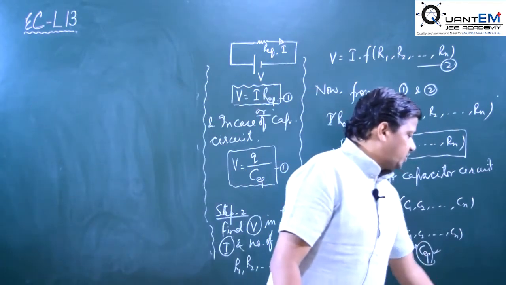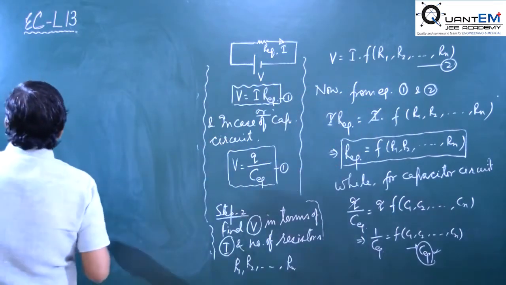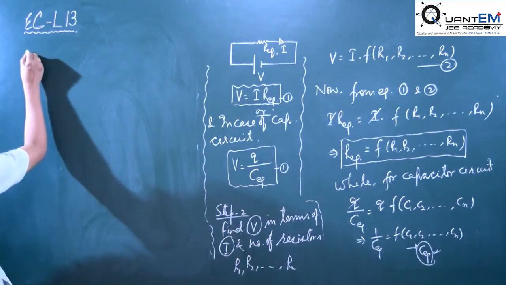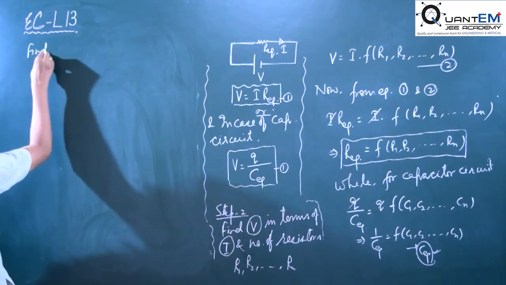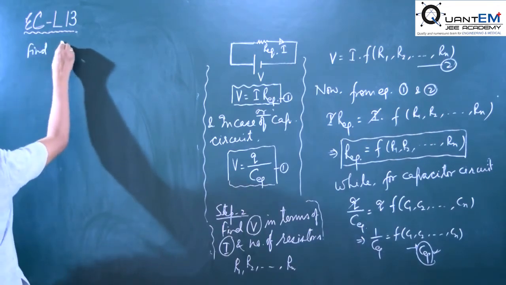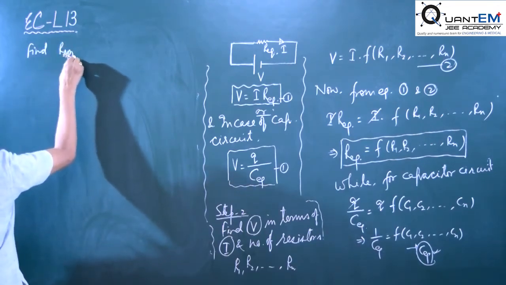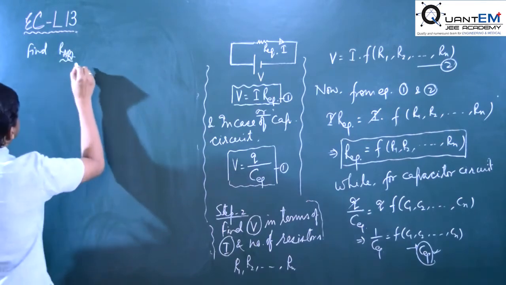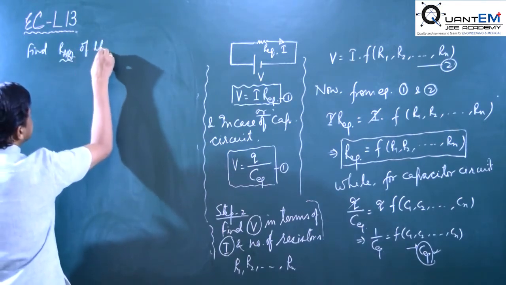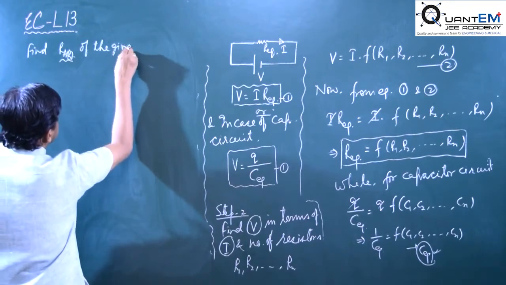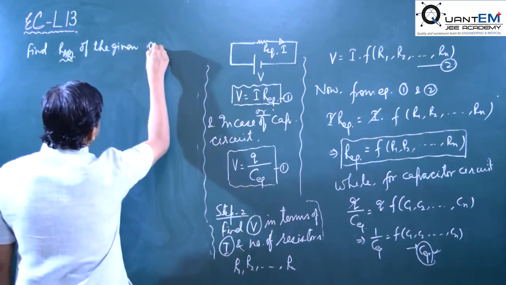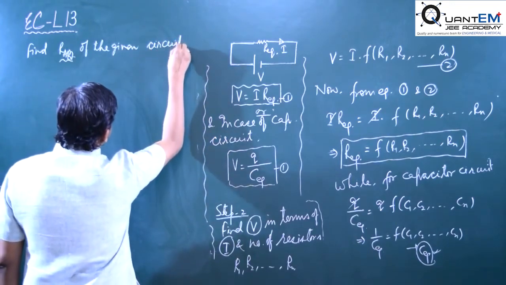Now we come to a question. Find the equivalent resistance between A and B of the given circuit.